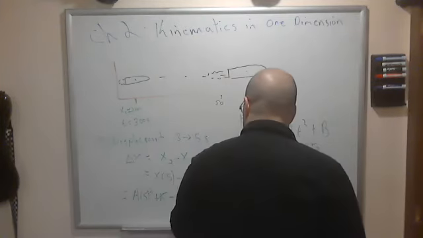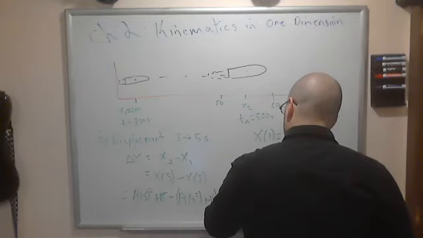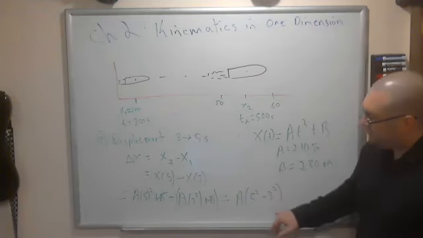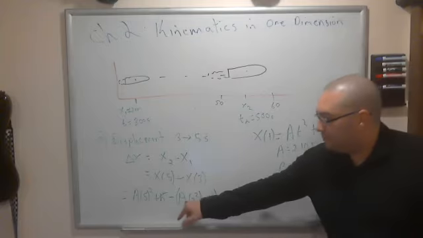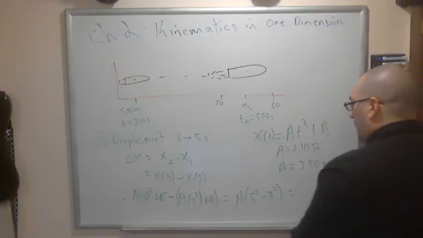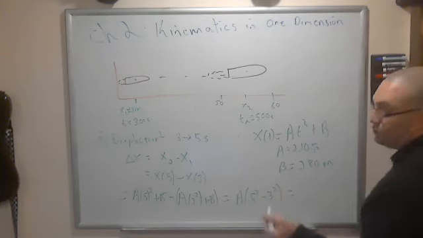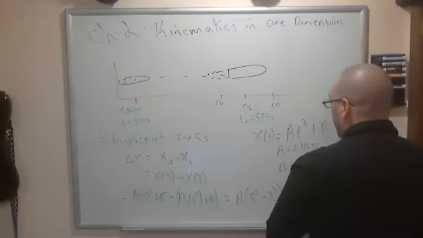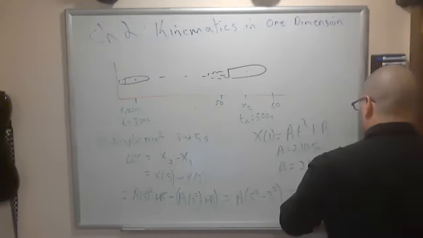And we're left with a times 5 squared minus 3 squared. A can be pulled outside because it's multiplied by both. And a little convenient thing, 5 squared minus 3 squared, or 25 minus 9, is 16, or it's 4 squared. So this is equal to 4 squared.